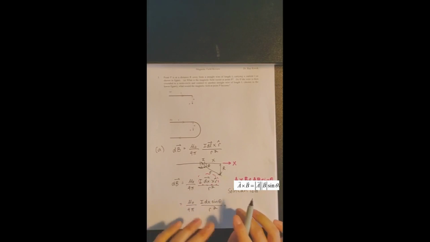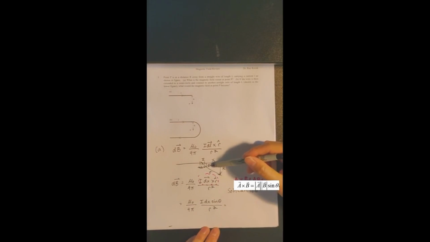And in this case, because we know what theta is, it's very simple to simplify. Do you guys remember the good old trick SOHCAHTOA? We can actually replace sine theta with opposite over hypotenuse. And in this case, our opposite is going to be capital R, and our hypotenuse is going to be little r.